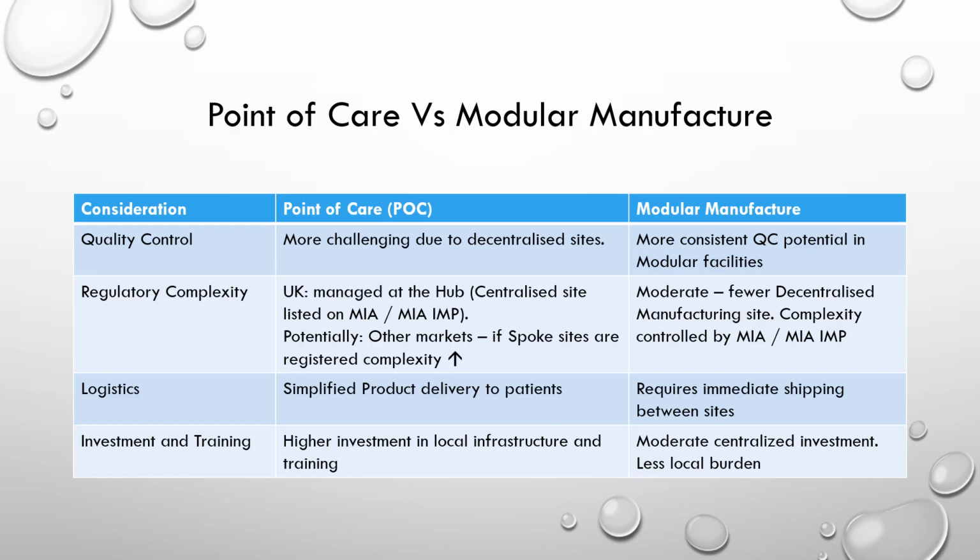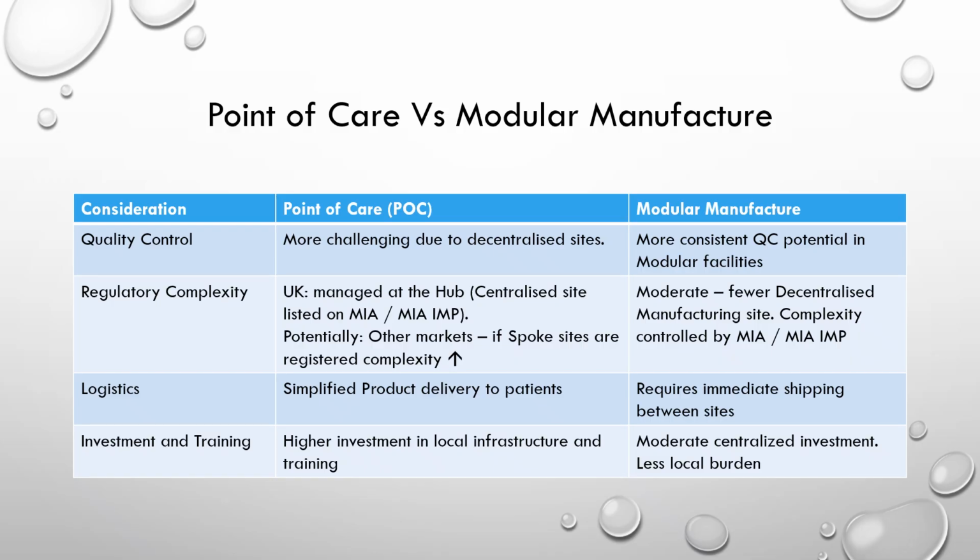Complexities. Well, in the UK, the centralized site is listed on the MIA, not the spoke sites, so I think it's quite straightforward. The only complexity relates to the manufacturing authorization holder that has to oversee all of the decentralized manufacture sites.